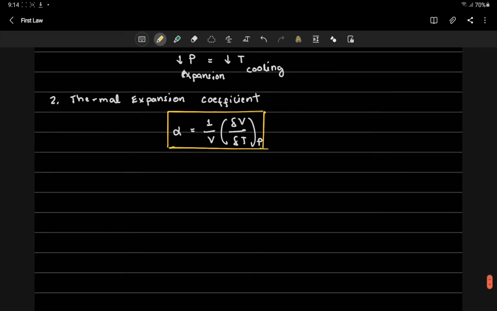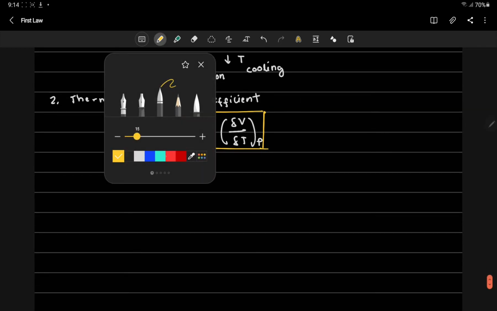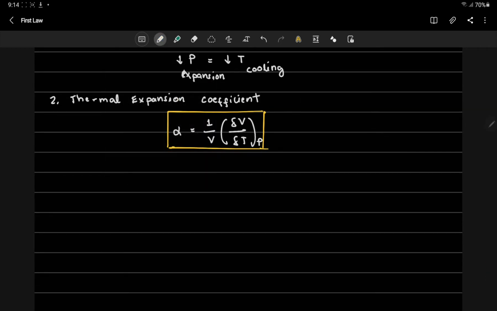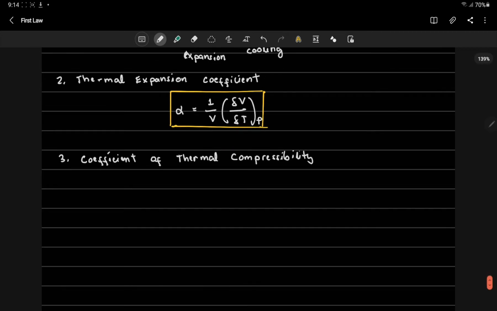Now, yung next will be yung tinatawag nating coefficient of thermal compressibility. How does it look like mathematically? We will use the symbol here na kappa.